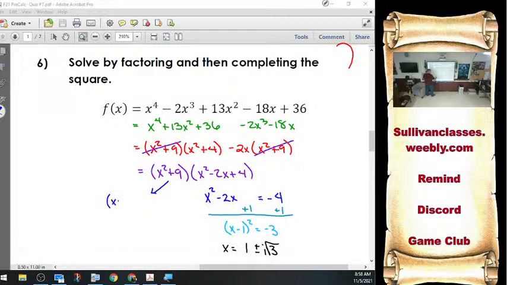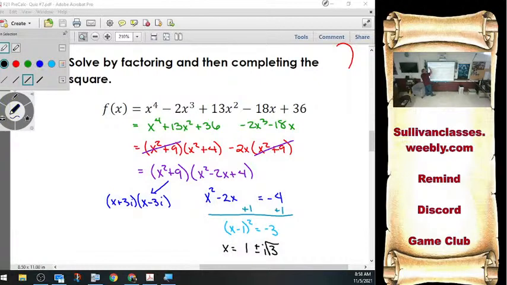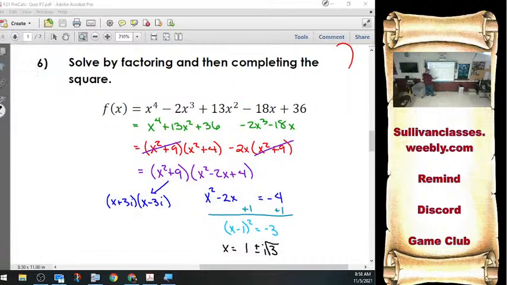Isn't that x plus 3i, x minus 3i? So I also need to have... Do you have to check?